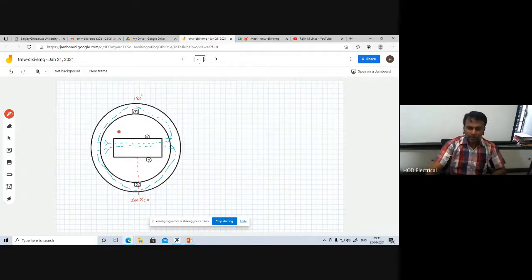Now if you draw the magnetic flux density, the y-axis is magnetic flux density and the x-axis is circumferential angle.